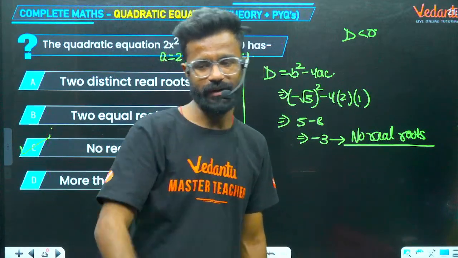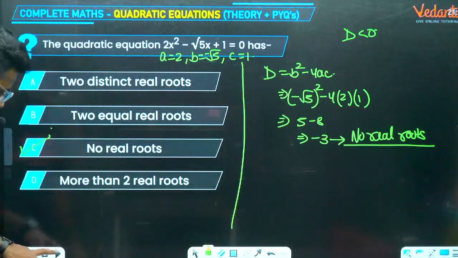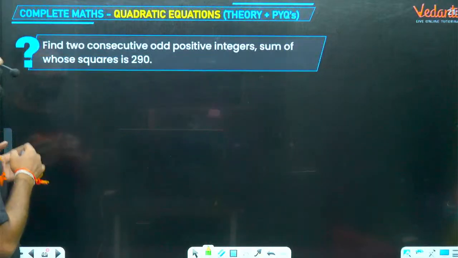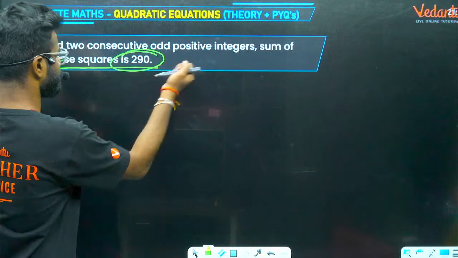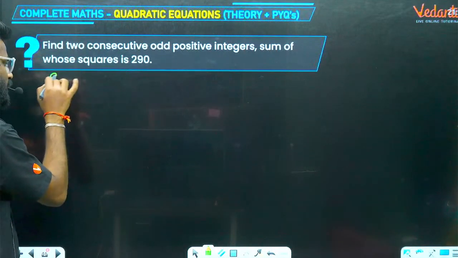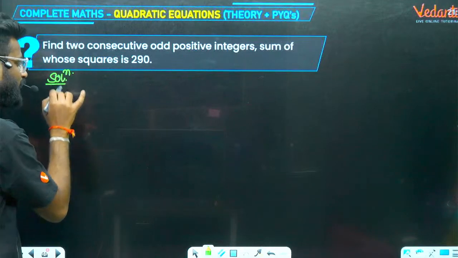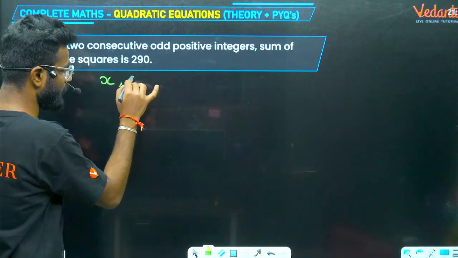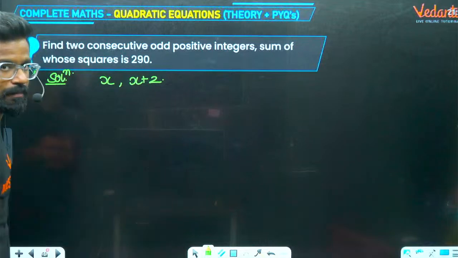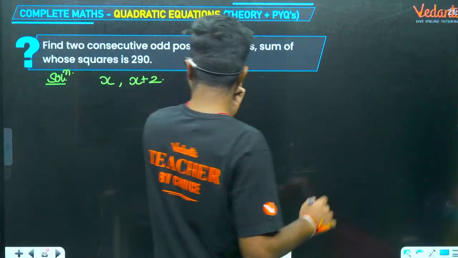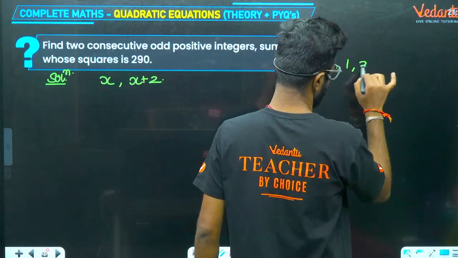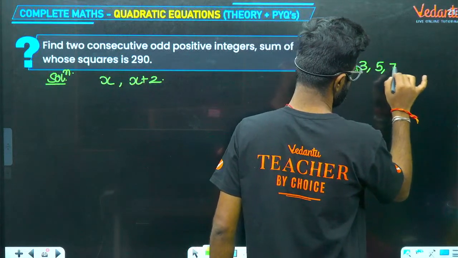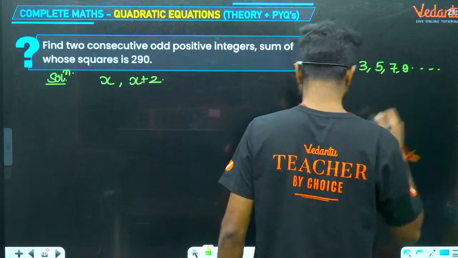Trigonometry. Wait. Find 2 consecutive odd positive integers, sum of whose squares is 290. Very easy. If one number is x, then the other is x plus 2. Why? Here is the pattern of odd positive integers: 1, 3, 5, 7, 9 and many more.